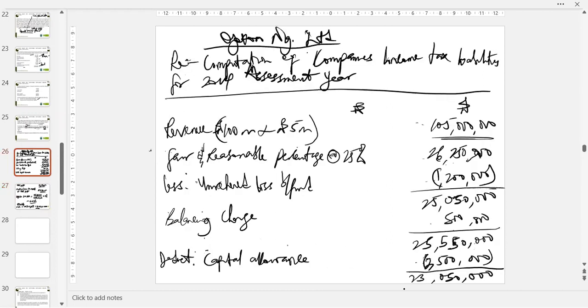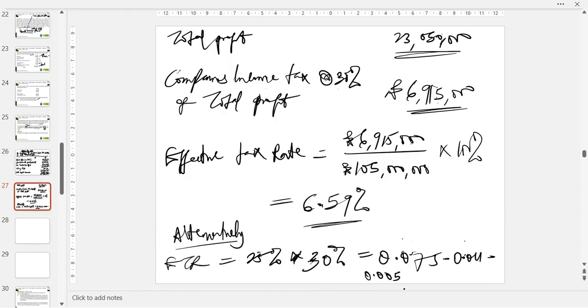This one will be plus, since we added it, so it is not in bracket.